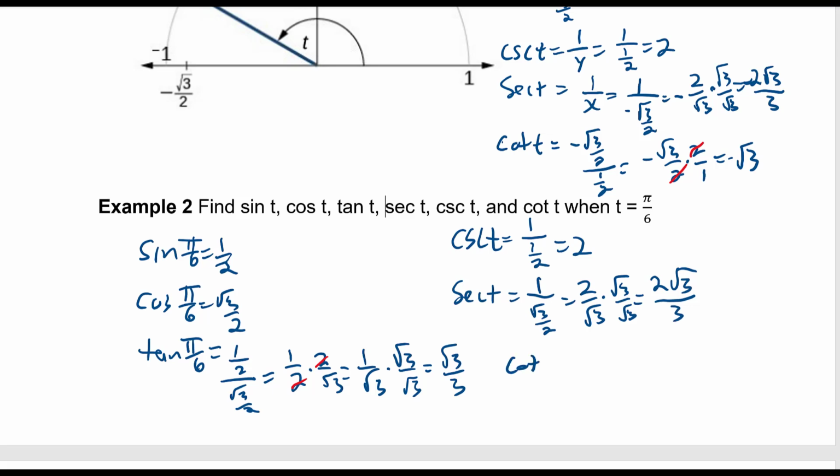And then cotangent of pi over 6 is cosine over sine, so square root of 3 over 2 over 1/2, which is square root of 3 over 2 times 2 over 1. The 2's divide out, leaving the square root of 3. It's also the reciprocal of the tangent. If you think of 1 over the square root of 3 and flip it, you get square root of 3.